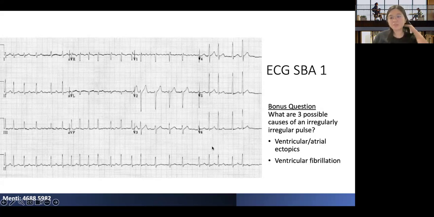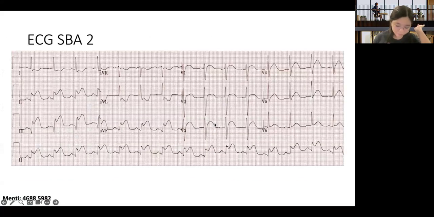You can also have ventricular fibrillation, which is obviously quite dangerous and fatal, but theoretically it would cause an irregularly irregular pulse because the ventricles are not contracting in a coordinated fashion. So SBA 2, if you could just take a guess.